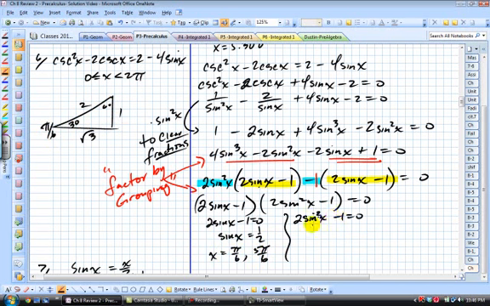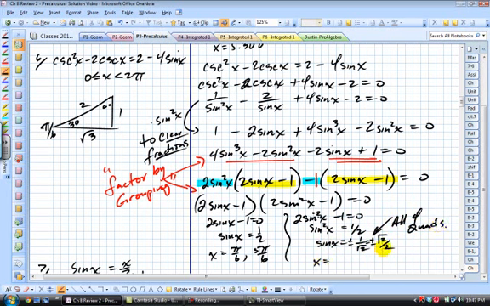And then here we have sine squared x is equal to a half after you add 1 and divide by 2. Then sine x equals plus or minus 1 divided by root 2, which is equal to plus or minus radical 2 divided by 2, which means all 4 quadrants here. So all 4 quadrants, just like I was talking about earlier, so 4 solutions there.